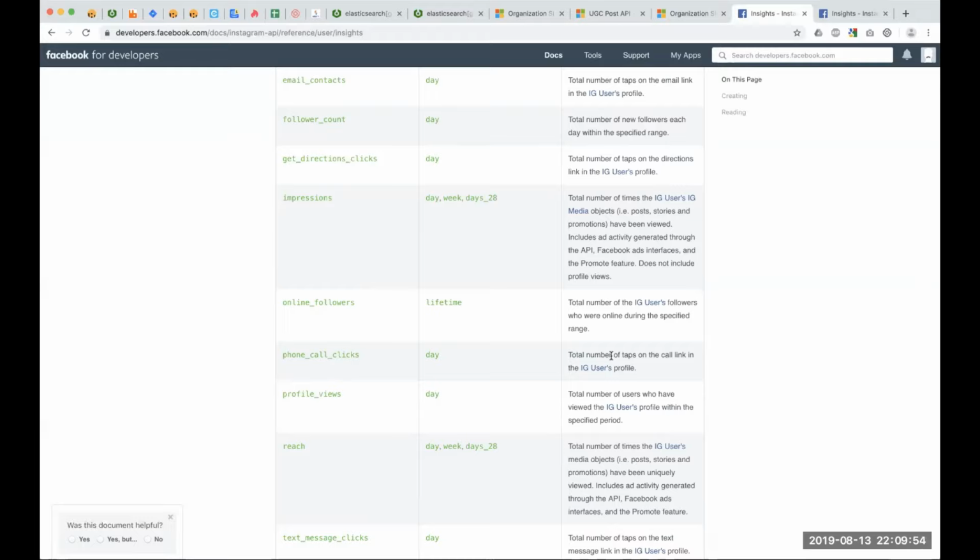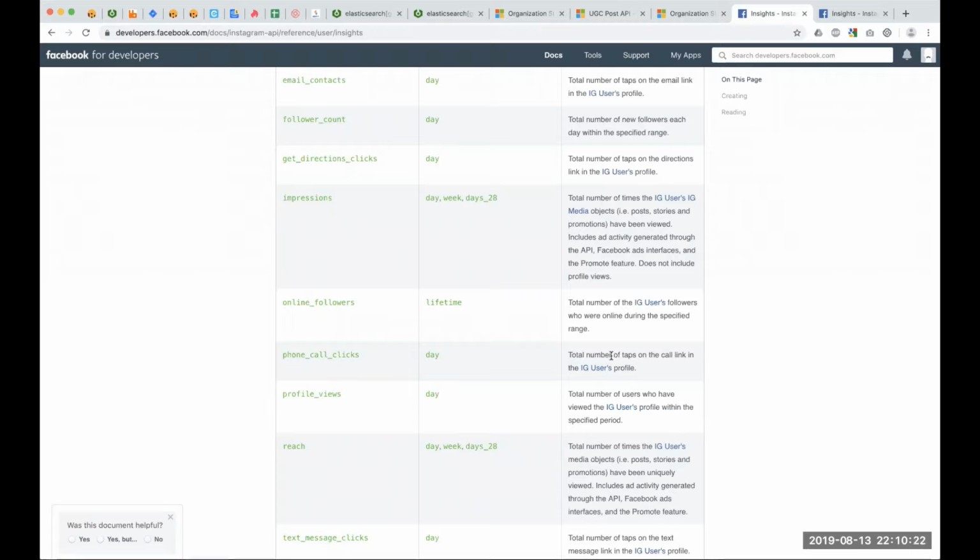So I'm gonna quote from the API, and then talk about this. So the impressions are the number of times the user's media objects, posts, stories, and promotions have been viewed. Includes ad activity generated through the API, Facebook ads interfaces, and the promote feature. Does not include profile views.